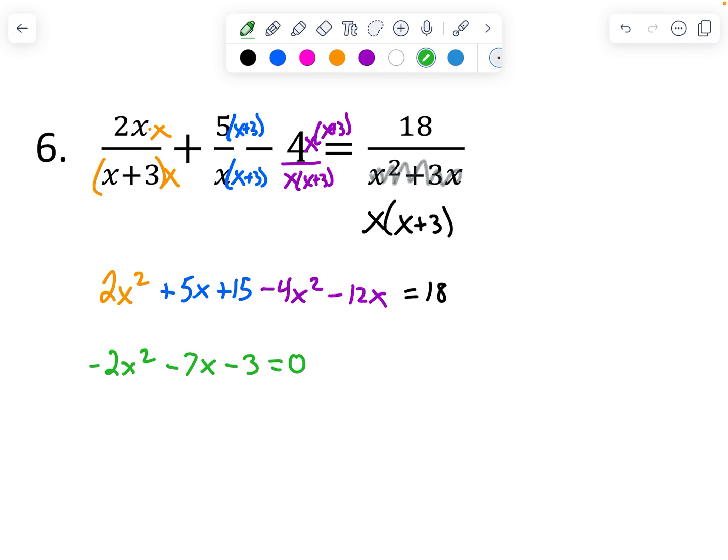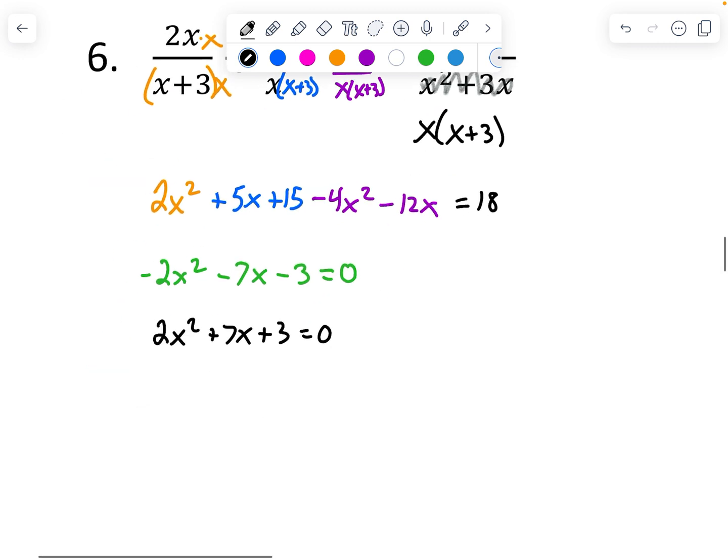Since we have a negative 2x squared, it's easier to factor when that's positive, probably for most of us. So you can just switch the signs of everything. It's basically dividing both sides by negative 1, but that doesn't change the 0. So you can just make this 2x squared plus 7x plus 3 equals 0.